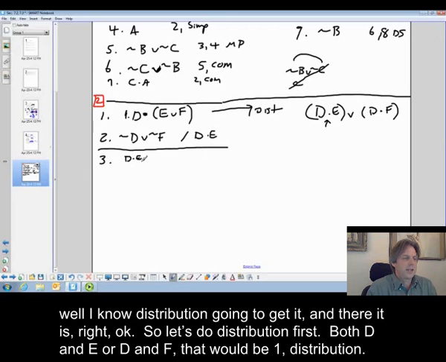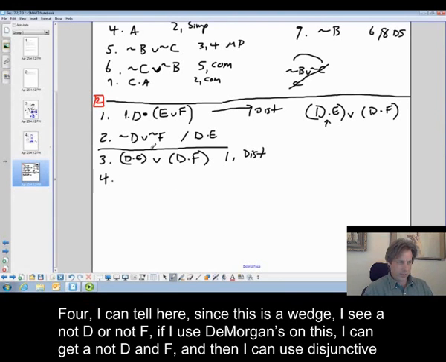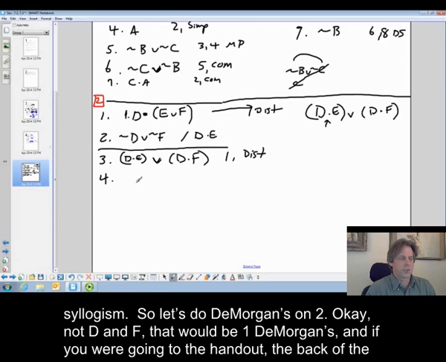Both D and E, or D and F. That would be one distribution. For, I can tell here, since this is a wedge, I see a not D or not F. If I use De Morgan's on this, I can get a not D and F, and then I can use disjunctive syllogism.